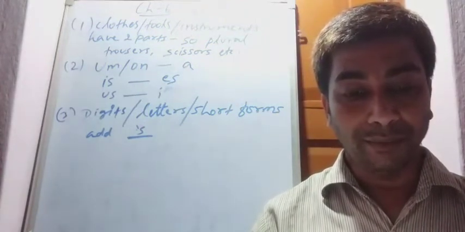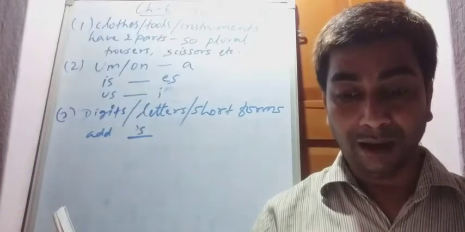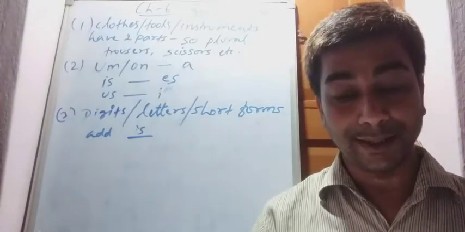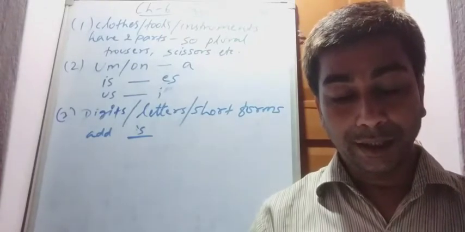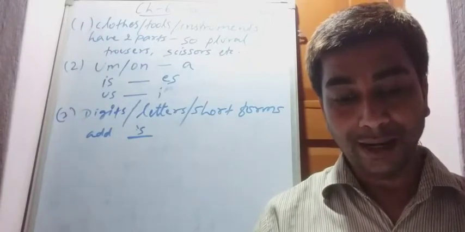Now we are going to discuss the exercise. Rewrite the poem changing the singular nouns in color print into the plural form. Do other changes wherever necessary. In color, all these singular nouns we have to make plural.